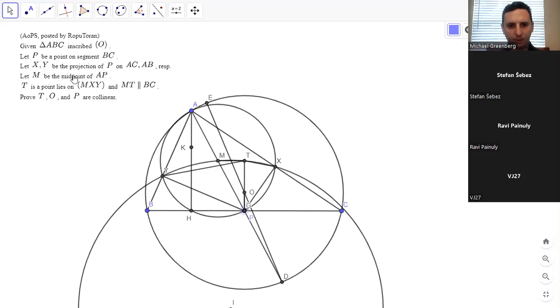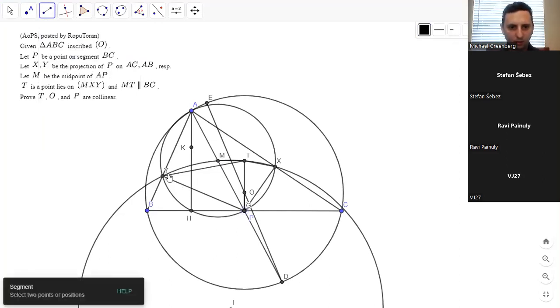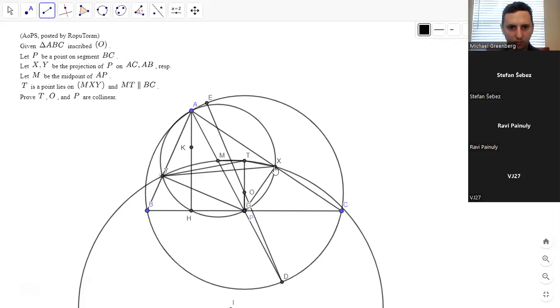If P is equal to the midpoint, is XY parallel to BC? I don't think so. No. But we could try to show that angle MTY plus YTP is 90.